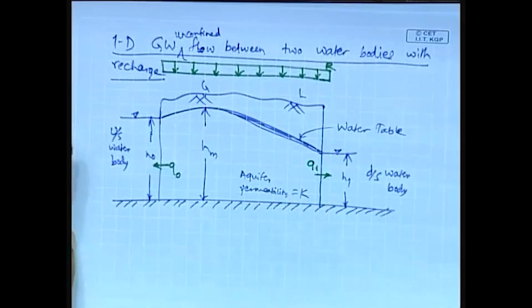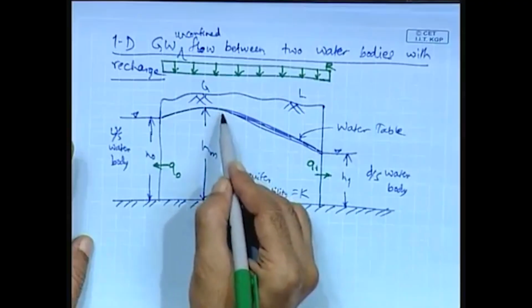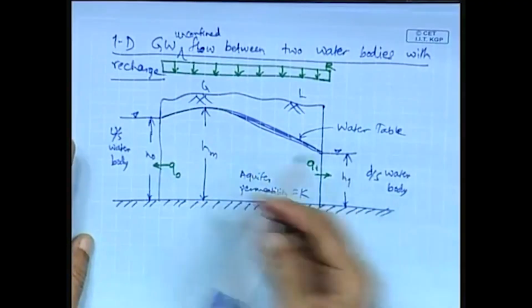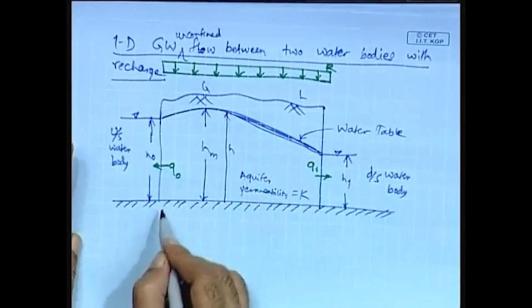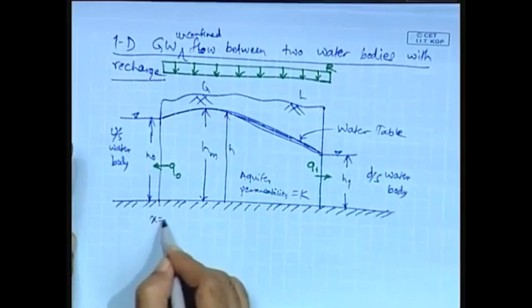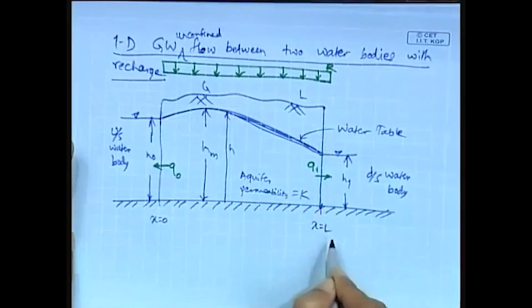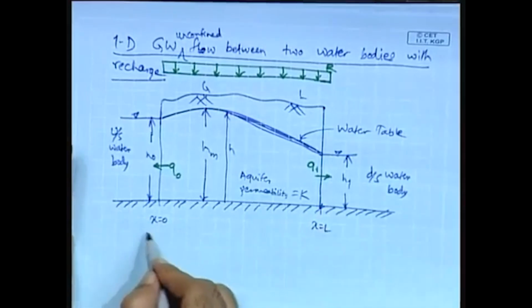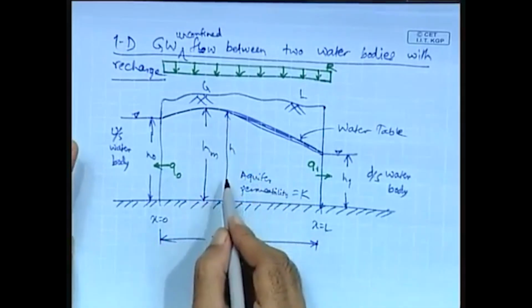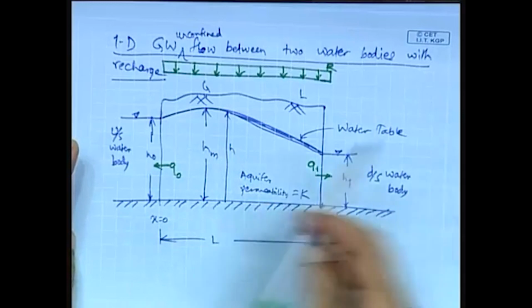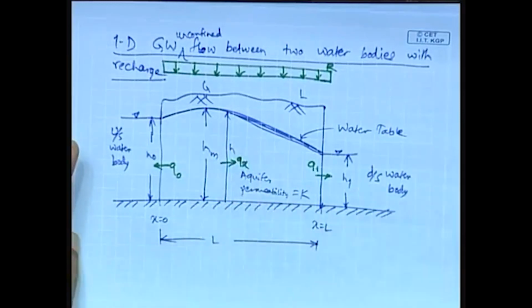Okay, and obviously at any general section H, say here this is the general section H. So, x is equal to 0, x is equal to L, and so obviously this is L, and at general section H, in this case this is Q x. So, in the next lecture we will discuss this one. Thank you.